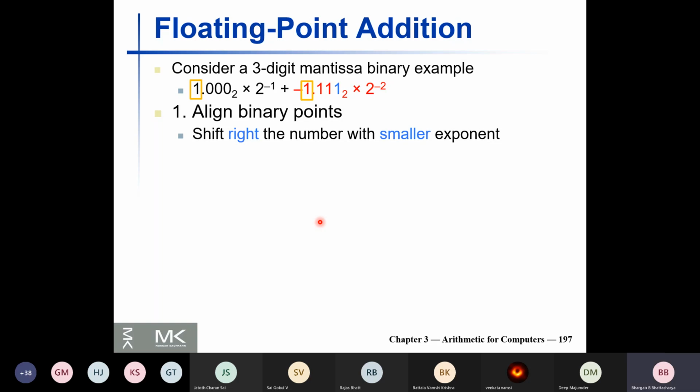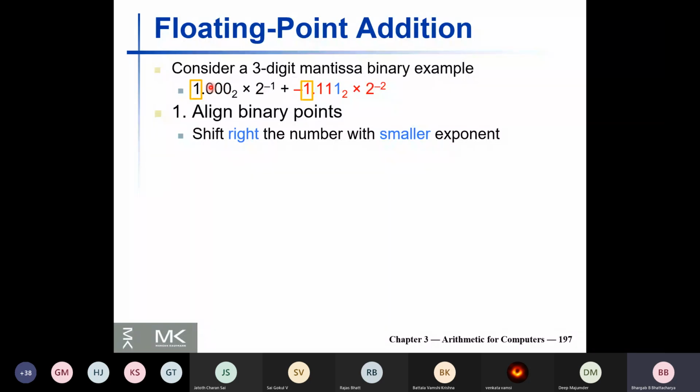As far as hand arithmetic is concerned, both of them could have been okay. See, the thing is, finally we are going to add these two numbers. We are going to have some binary addition operation. If I shift this number, in which direction do I have to shift? I have to make this 2 to the power minus 2, right?